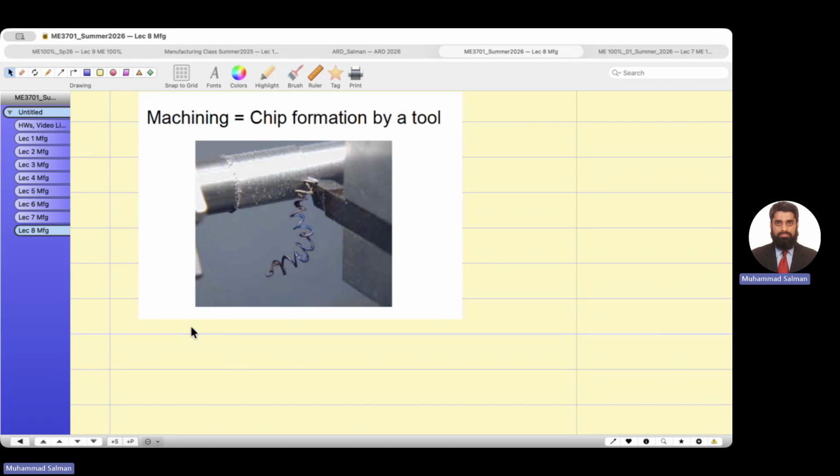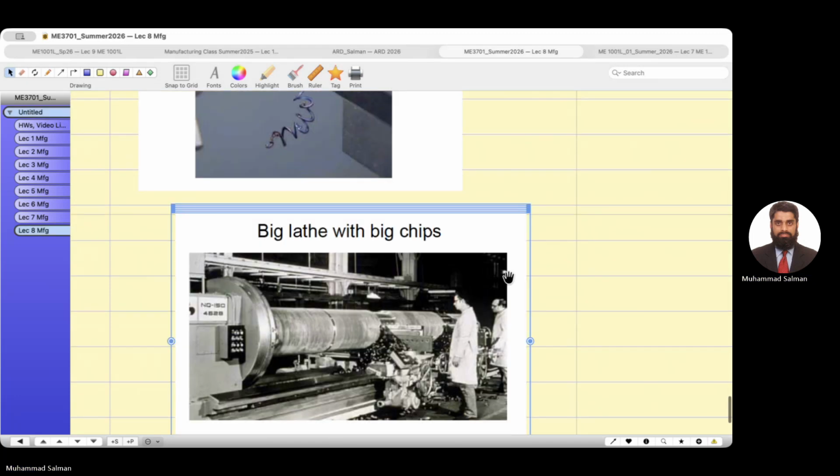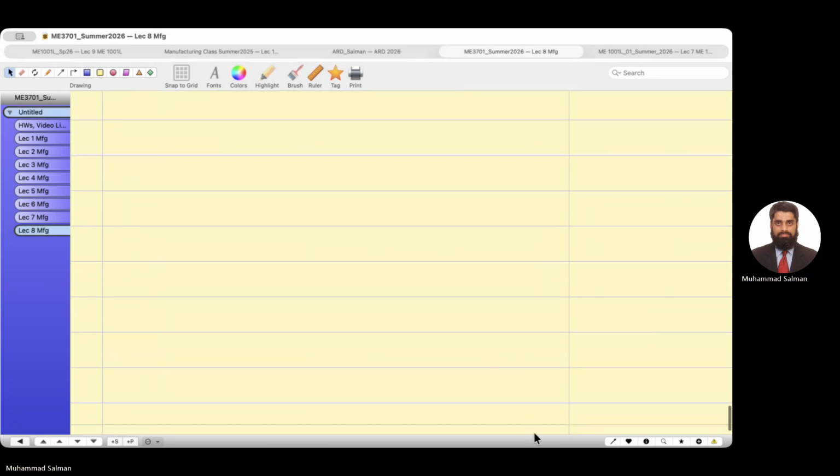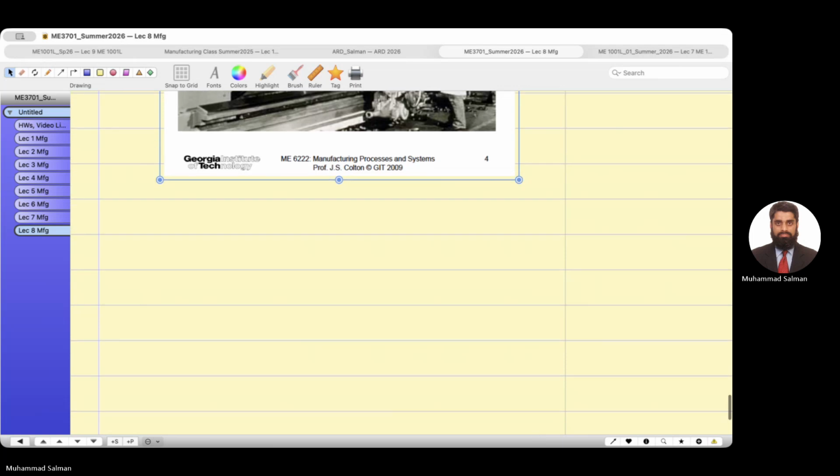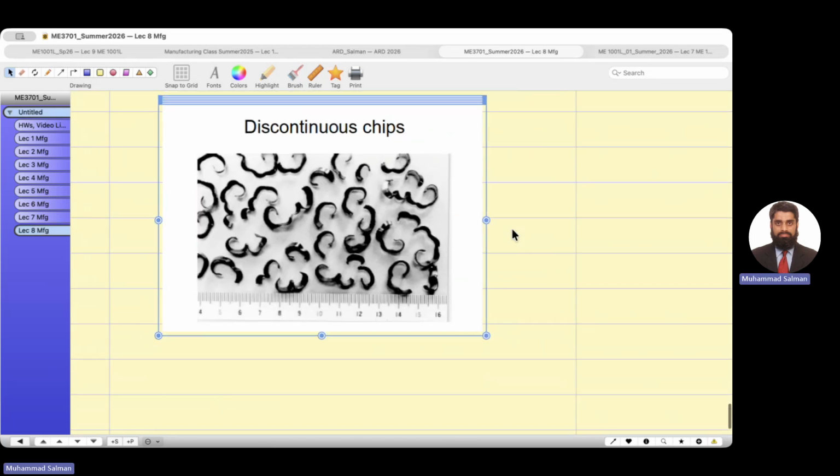This process is known as the turning process. You are turning the diameter from a larger diameter to a smaller diameter. This is a very big lathe machine here. So these are the deformed chips.